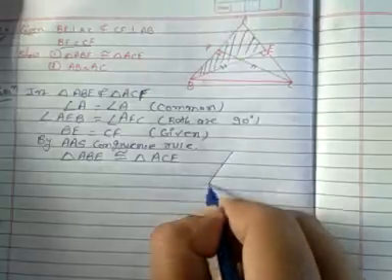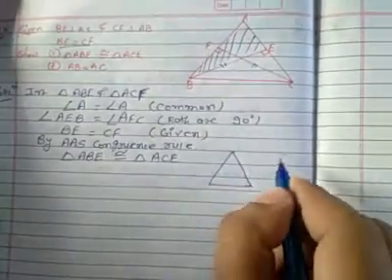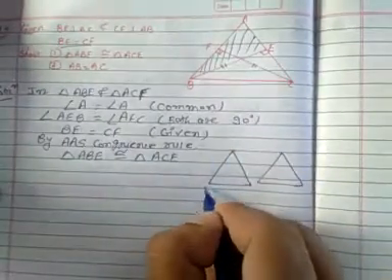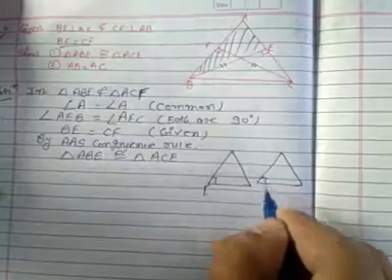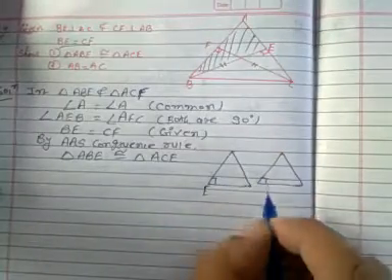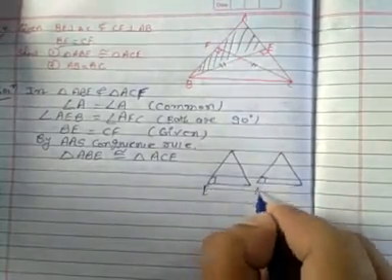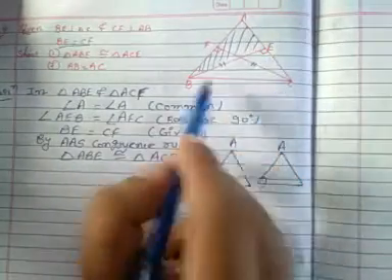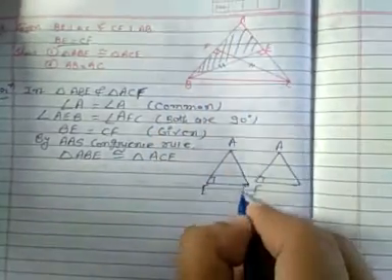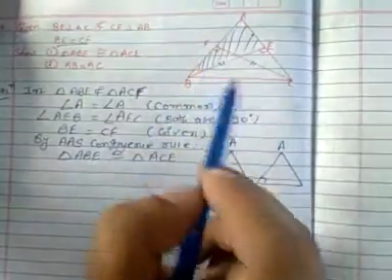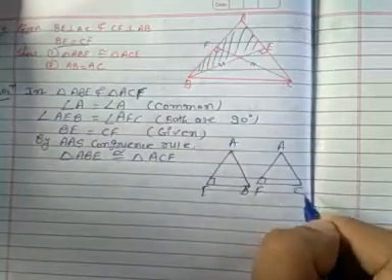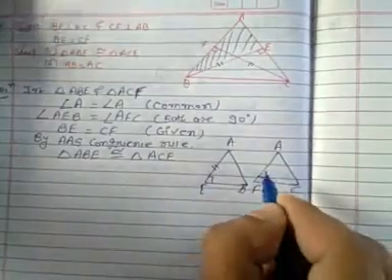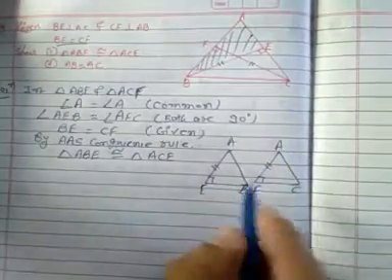Look at here. I would like to draw one rough figure like this. Here in both, E and F are right angles. A is common. Now first one is ABE, so this one is B, and ACF, so this one is C. AE is corresponding to AF, and both are altitudes.